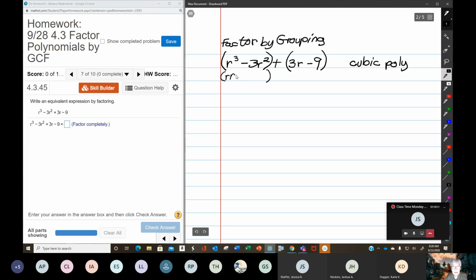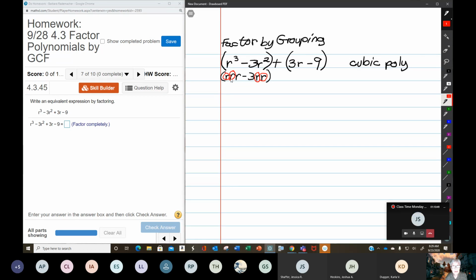R times R times R minus 3 times R times R. And I need to pull out a GCF. So there's an R in both terms and another R in both terms. And that's it.